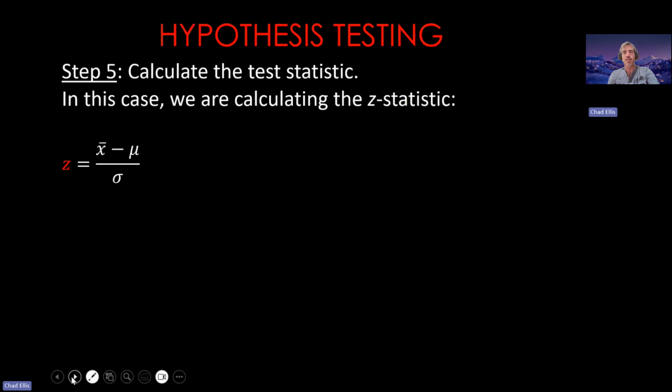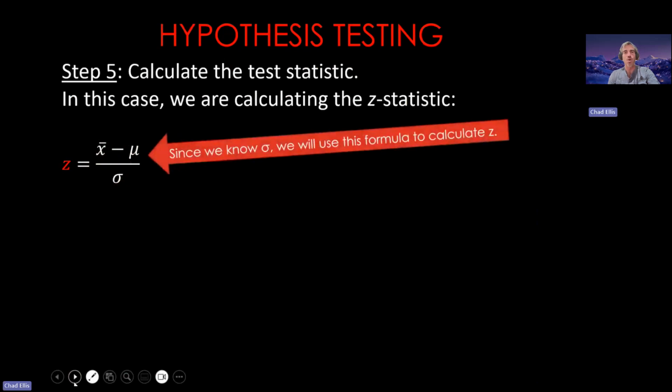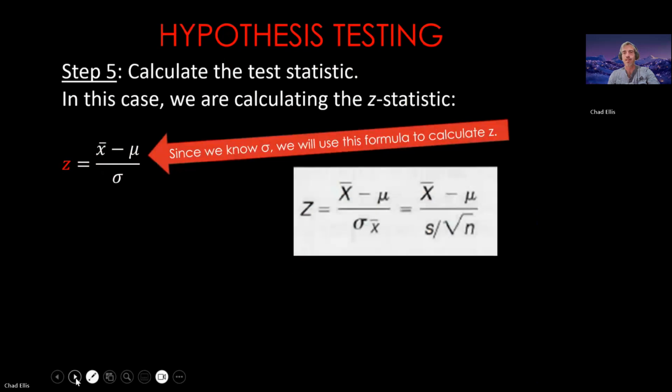Again, we have a large enough sample size so we can calculate the Z-stat. Our Z-stat is the sample mean minus the population mean divided by the standard deviation. In this case, we know the standard deviation of the population, so we don't have to estimate it by the standard error. So there's our formula again.